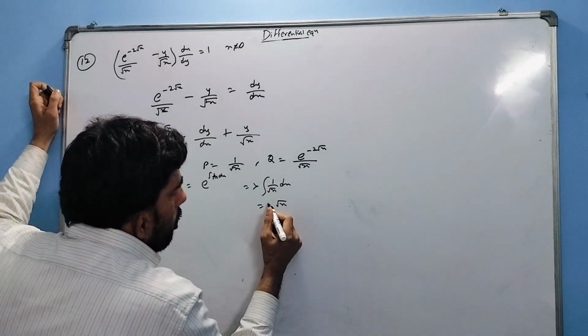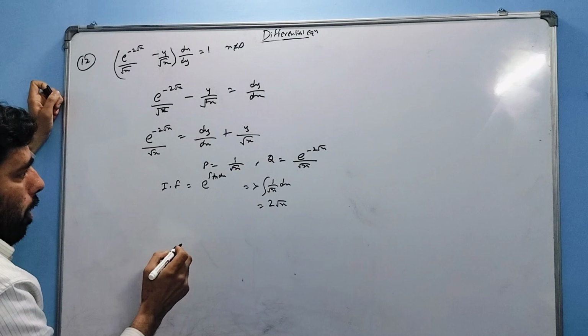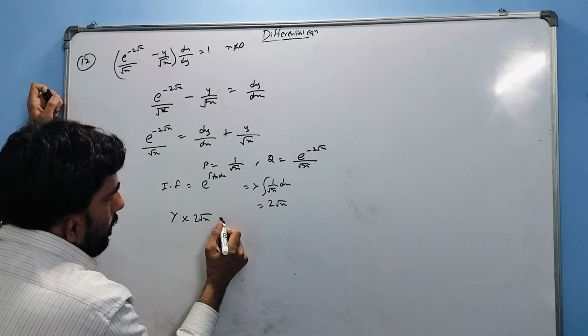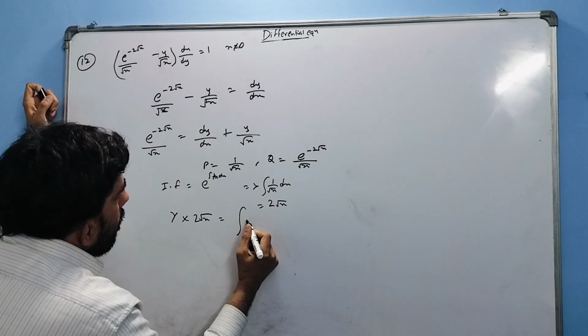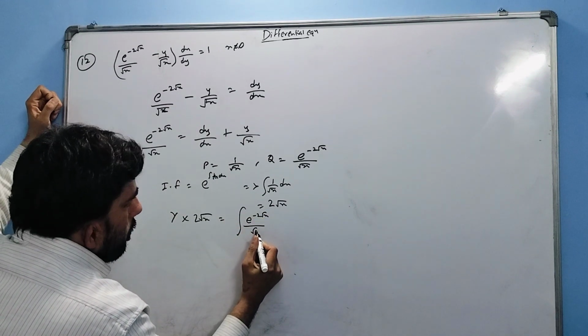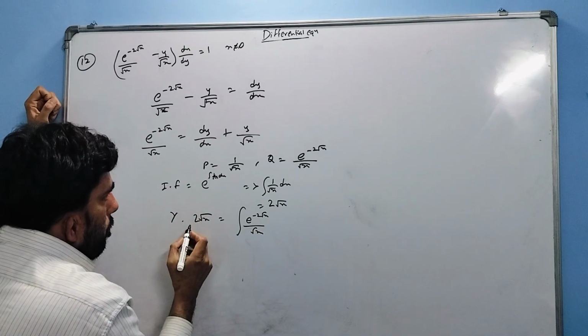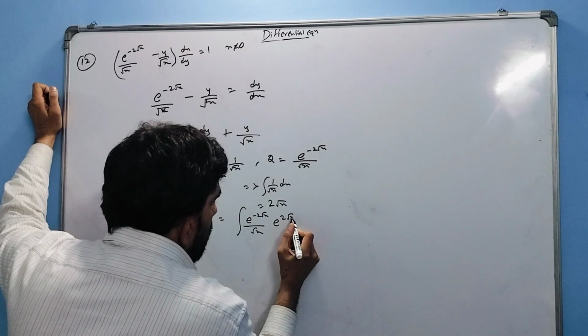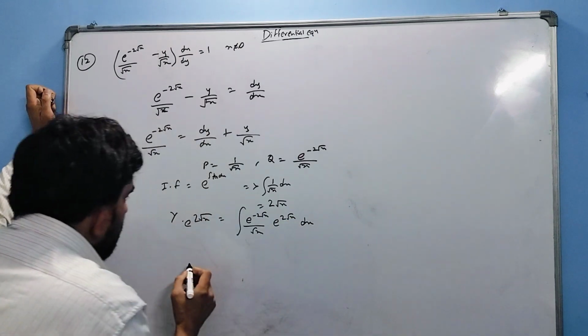So now we will put y into e raised to the power 2 root x is equal to the integration of q, which is e raised to the power minus 2 root x upon root x, into e raised to the power 2 root x dx.